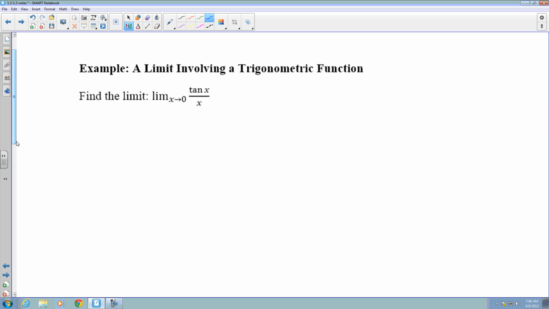And here's an example of how we're going to use one of those. It's not obvious right away. It doesn't look the same as either of those, but we do know from trigonometry that tangent can be turned into sine over cosine. So if we turn tangent to sine over cosine, we still have that 1 over x on the bottom. We can keep it on the bottom with cosine. Then we can do a little bit of rearranging and we can make it look like one of those special trig functions that I just showed you.